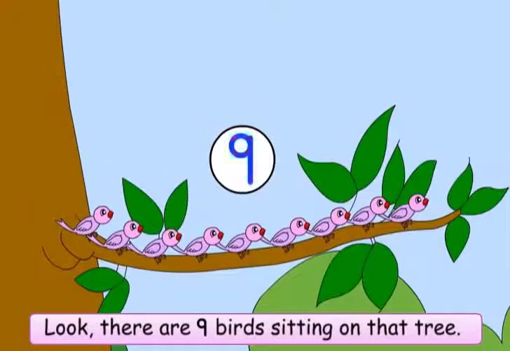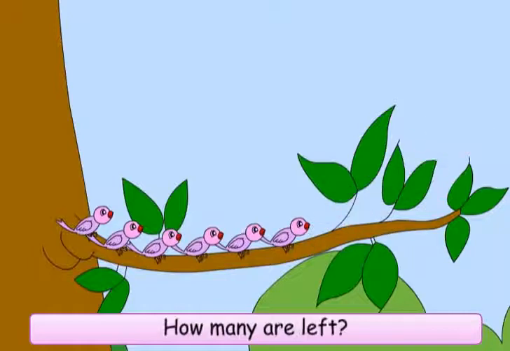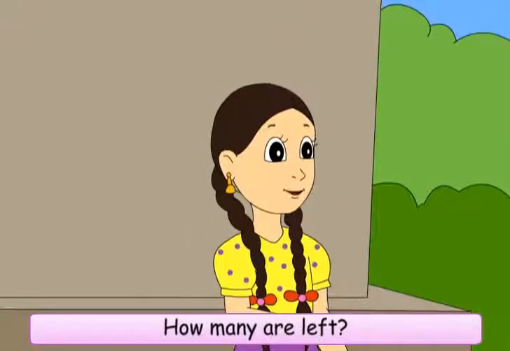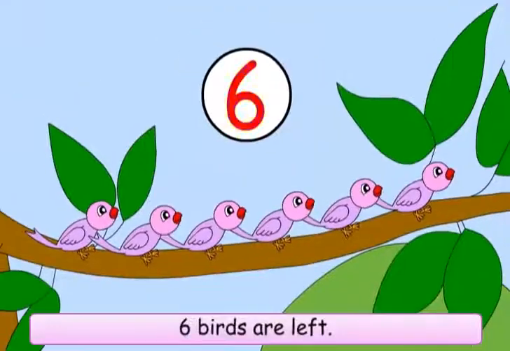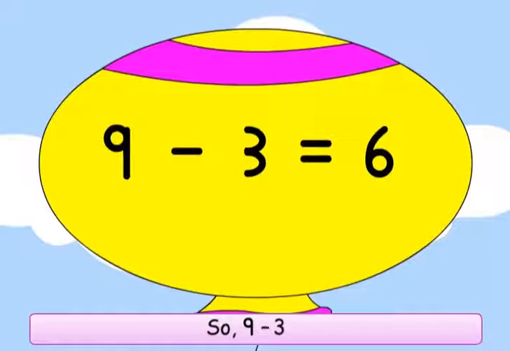Look, there are 9 birds sitting on that tree. 3 fly away. How many are left? 6 birds are left. So 9 minus 3 equal to 6.